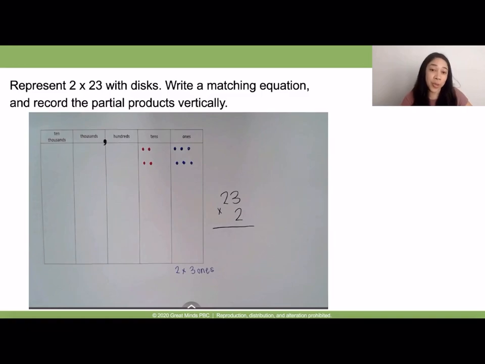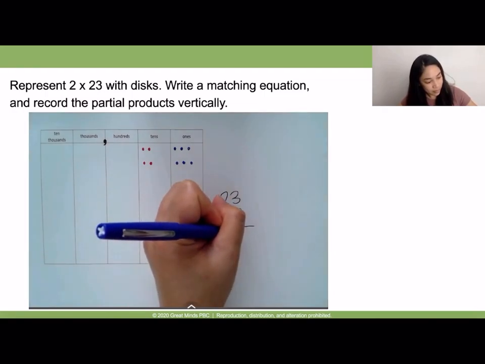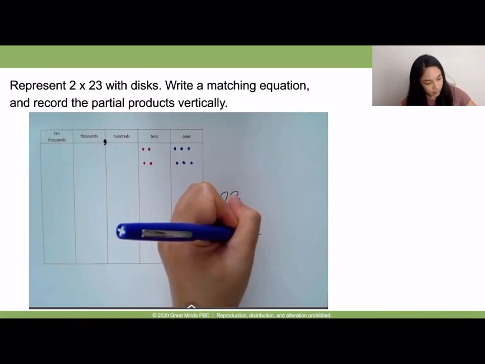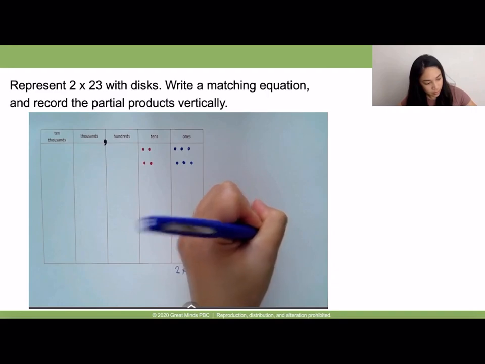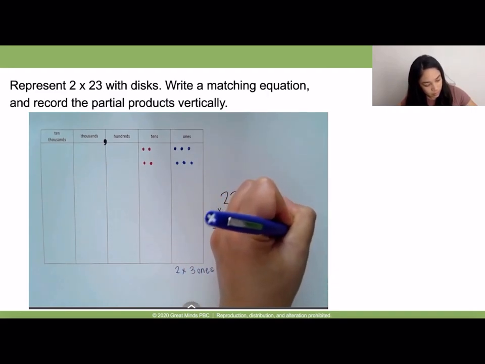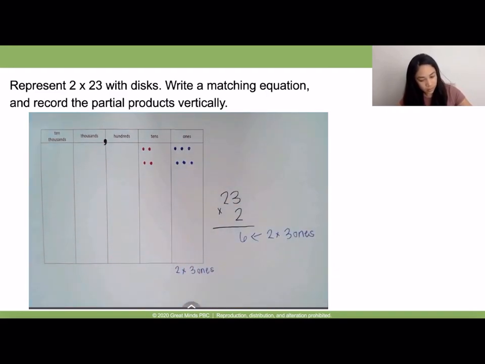We record the total number of ones below, just like in addition. This is called a partial product because we have found the ones part of the product.